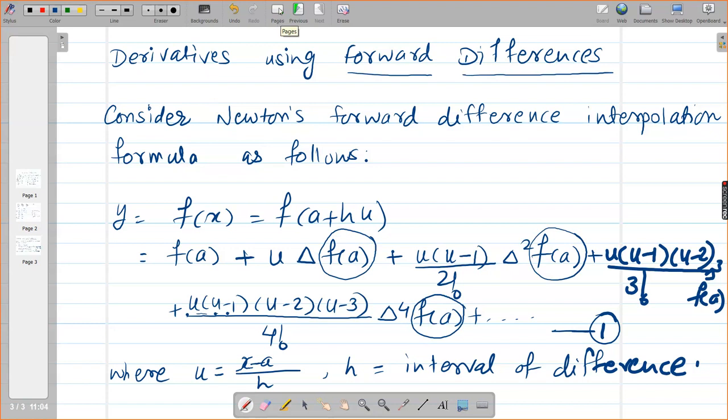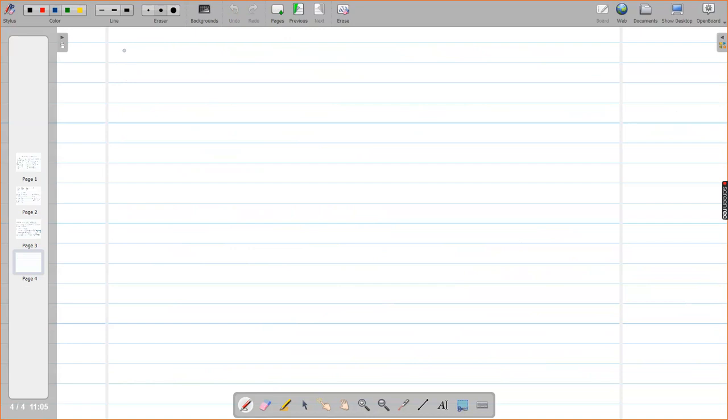In this equation, we are going to substitute a equal to x naught, and naturally f of a becomes f of x naught, that is equal to y naught. Substitute a equal to x naught and f of a as y naught in equation 1.